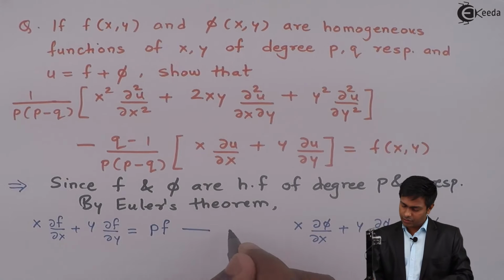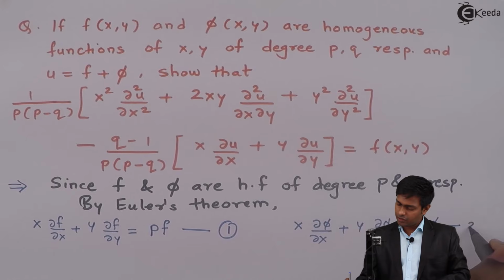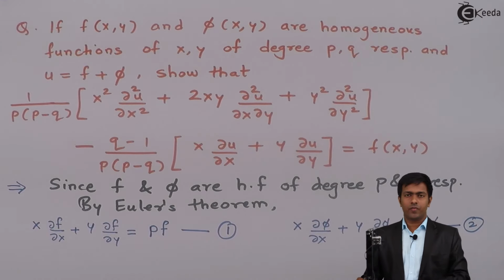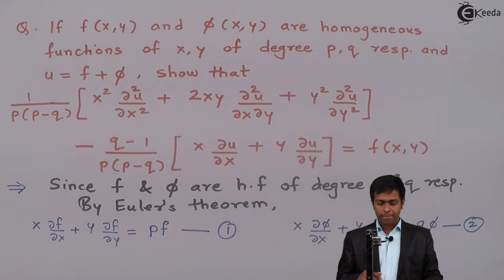So I'll say this as equation number 1 and this as equation number 2. So we got two equations from Euler's theorem.